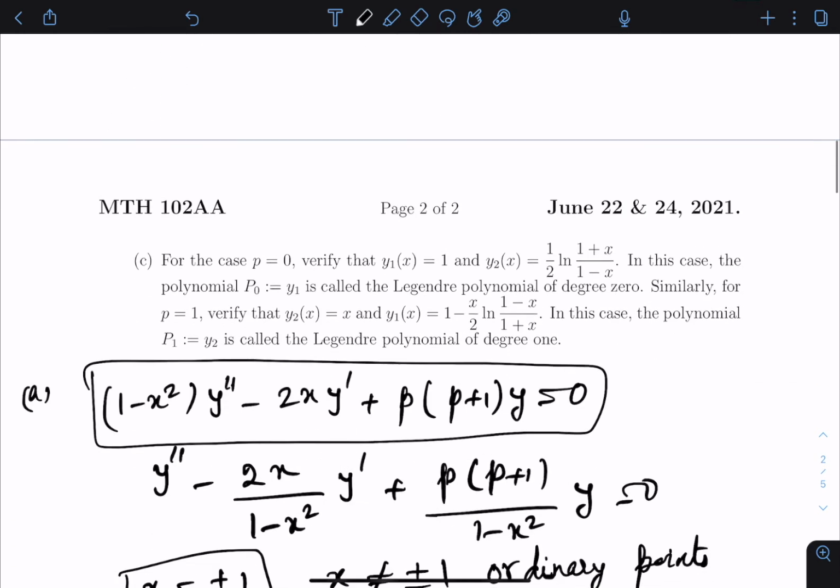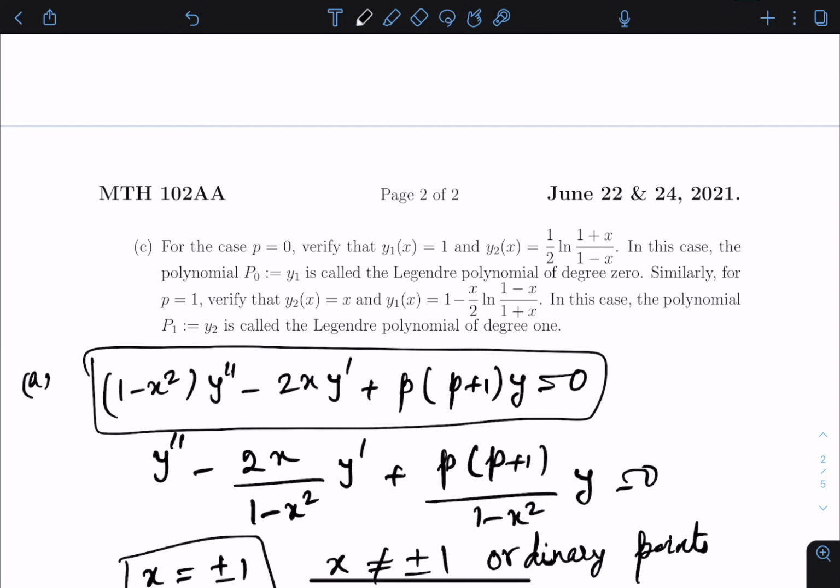Now let's prove C. So what is C saying? C is talking about what happens to the solutions when you choose in particular P to be 0, and what happens to the solution when you choose in particular P to be 1.